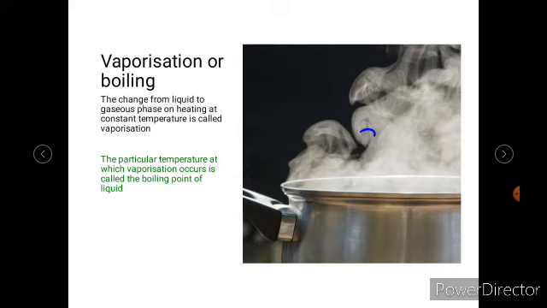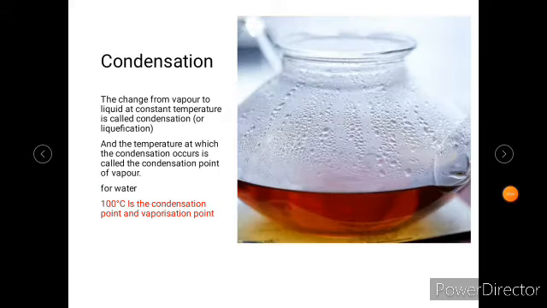So you can define the boiling point as the temperature at which vapor pressure becomes equal to atmospheric pressure. The particular temperature at which vaporization occurs is called the boiling point of the liquid. Here I am writing in simple English, so you can write it this way or that way.